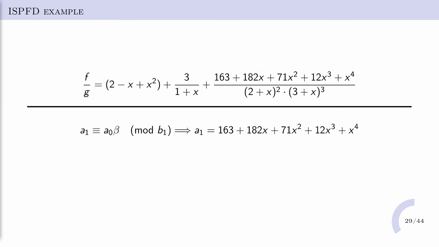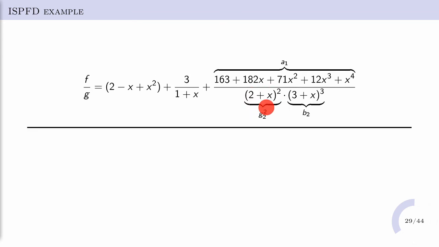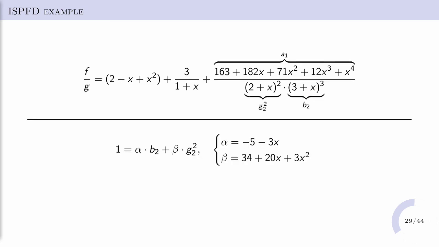So our original rational function simplifies to this formula, but we still have a product of two relatively prime polynomials in the denominator, so we can repeat this procedure and split this fraction into a sum of two fractions. This is our g2 squared and this is our b2. They are relatively prime, so again, using the extended Euclidean algorithm, we find the Bezout coefficients alpha and beta.